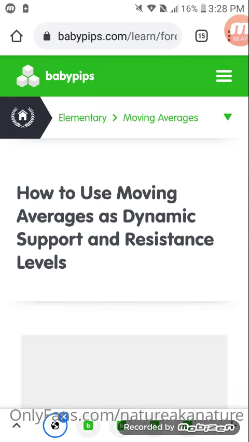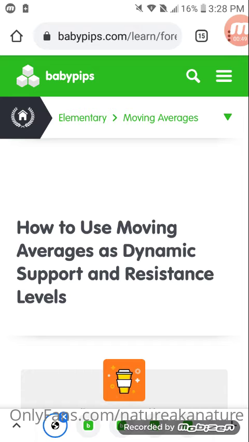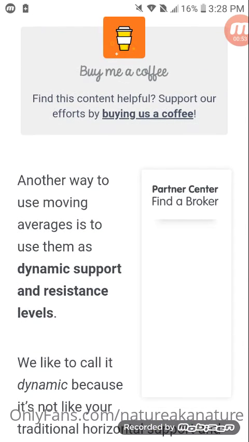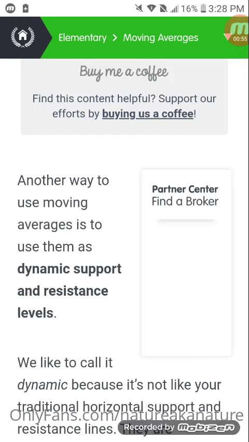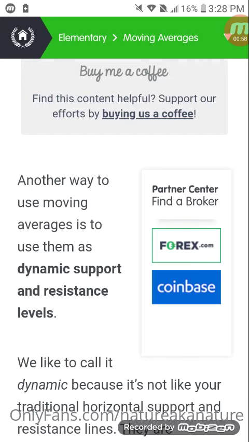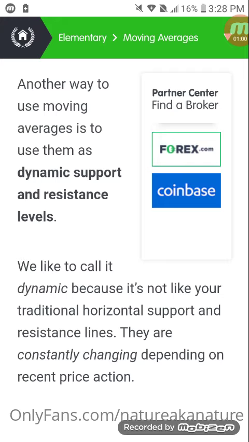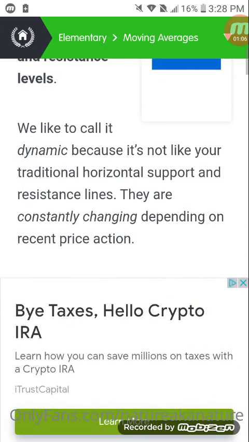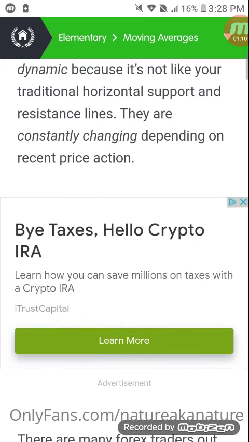So, how to use a moving average as a dynamic support and resistance level. Another way to use moving averages is at dynamic support and resistance levels. We call them dynamic because it's not like you're trading a traditional horizontal support and resistance line. They are constantly changing depending on recent price action.